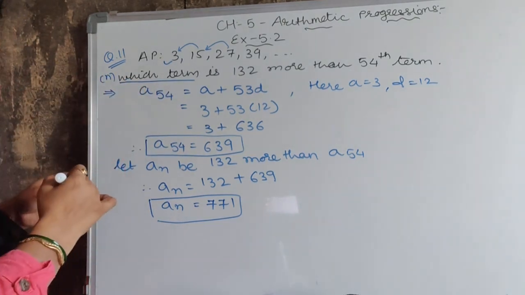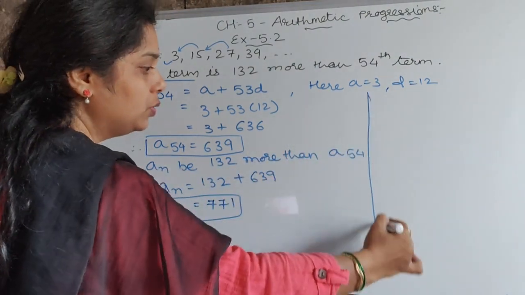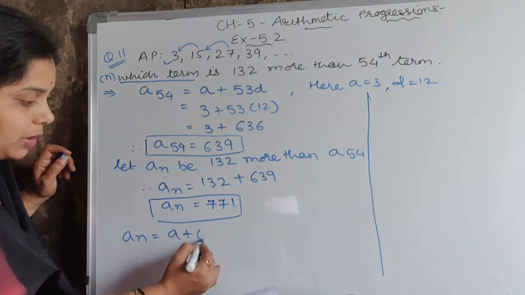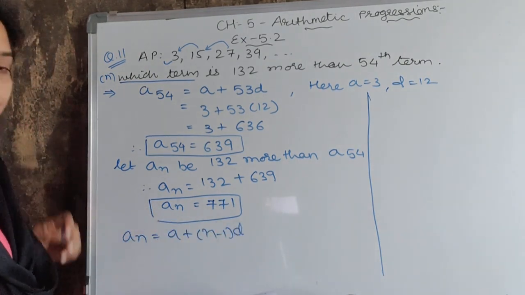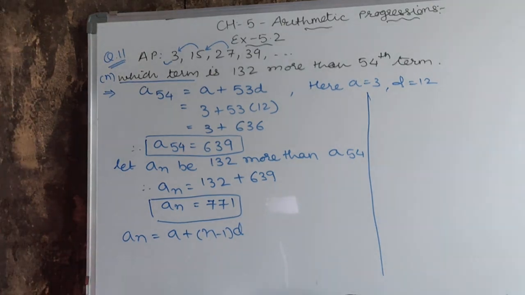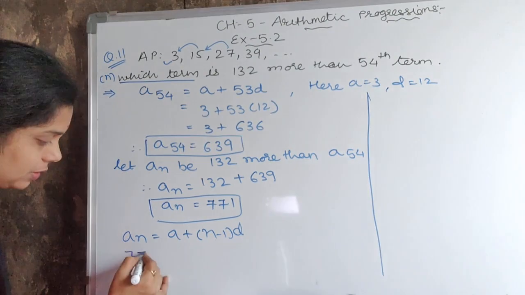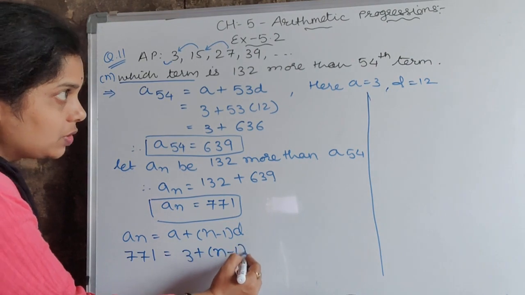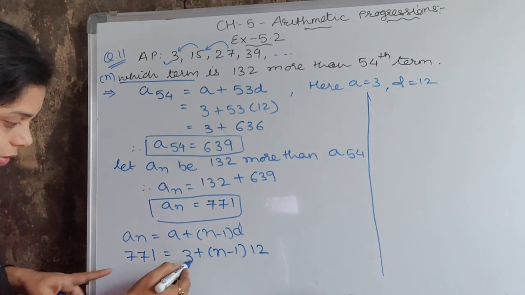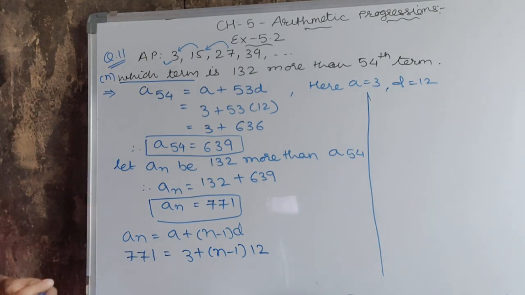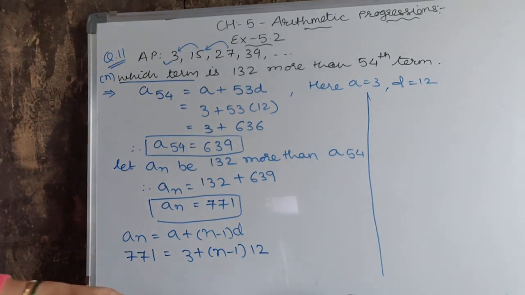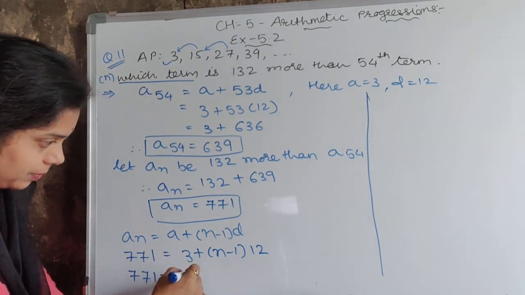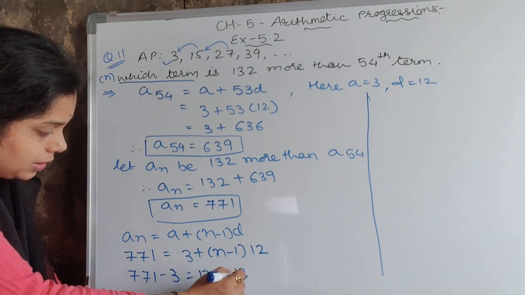Okay. Now, what we are doing? We use the same formula again. AN is equal to A plus n minus 1 into D. Now, AN is 771 is equal to A is 3 plus n minus 1 into D is 12. So here it is 771 minus 3 is equal to 12n minus 12.